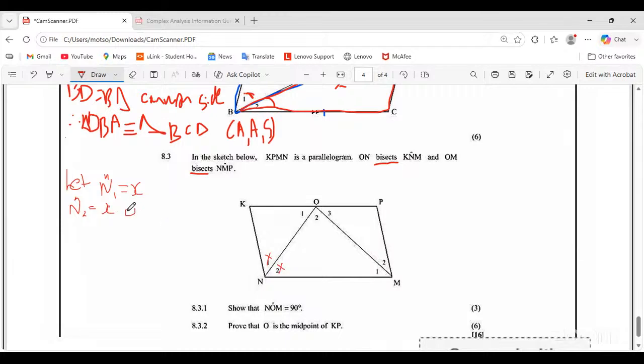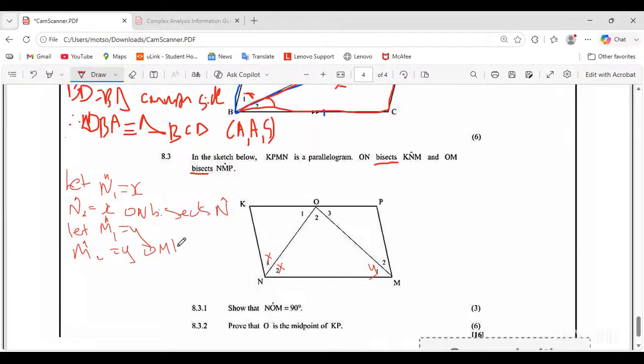Why? Because ON bisects angle N, right? From that statement. Now, let's continue. Let angle M1 be Y. This angle is Y. Also, angle M2 will be Y. Why?